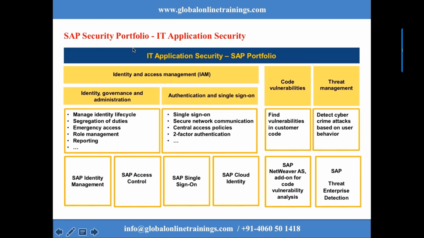This is categorized into three areas: identity and access management, core vulnerabilities, and threat management. These two areas we don't really worry about. We're not concerned about them. That's more towards the SAP security architects and security managers.